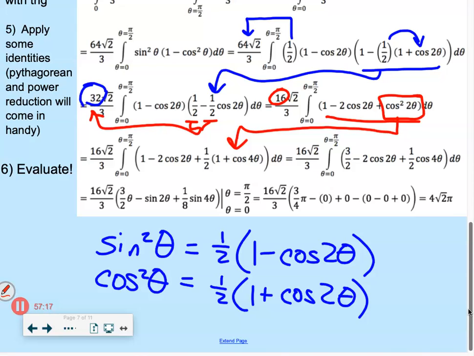You divide by the slope. Remember, if your input is linear, you just divide by the slope. So that's how you get that guy. And then your last one, again, antiderivative cosine is sine, divide by the slope, and you get 1/8 sine 4 theta.